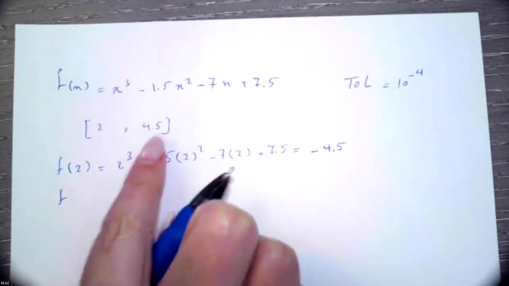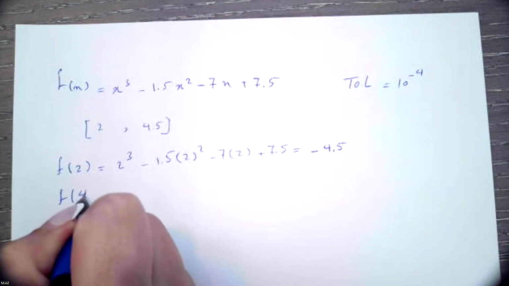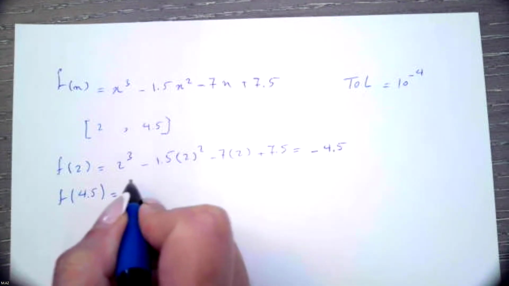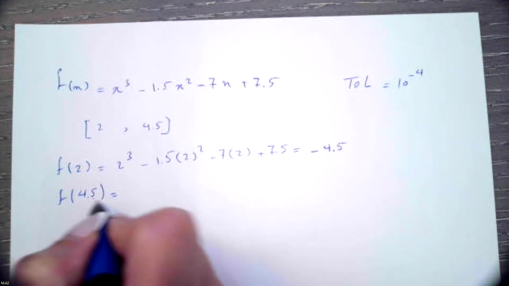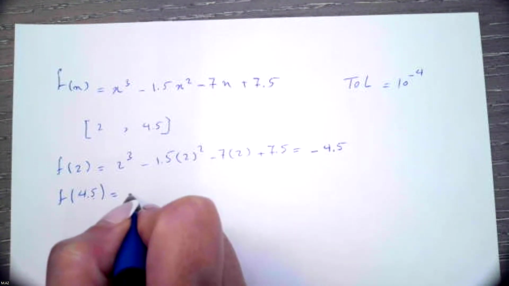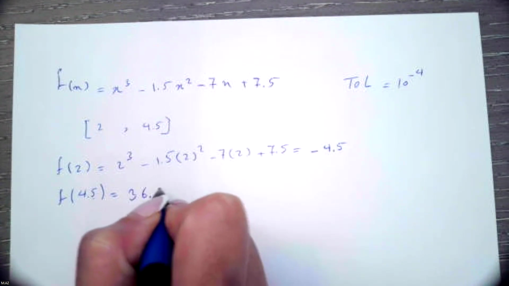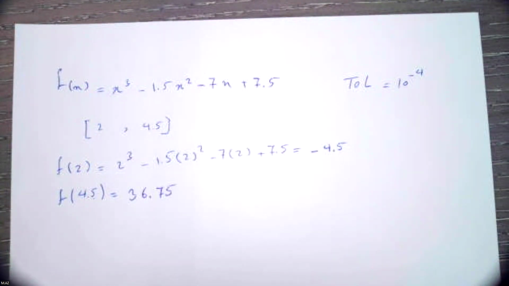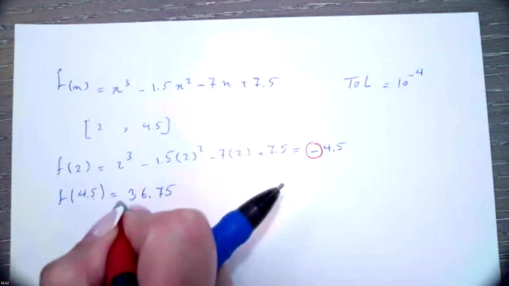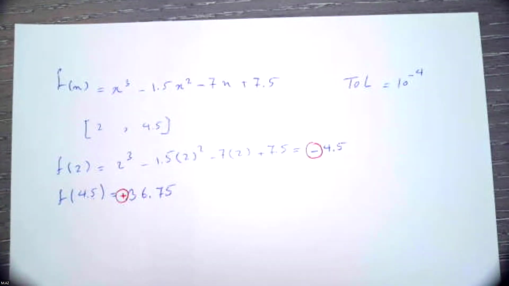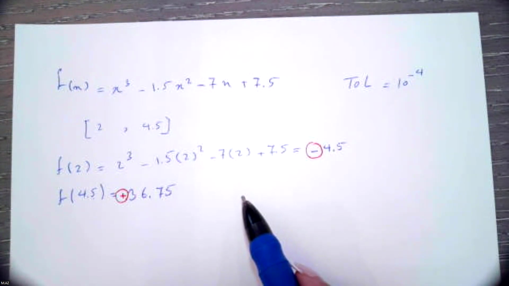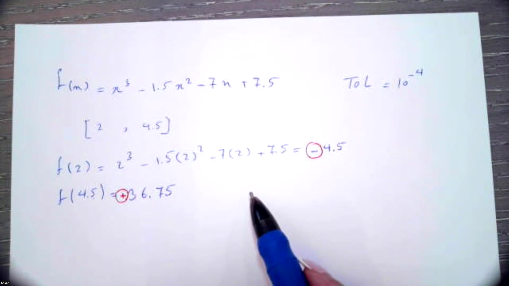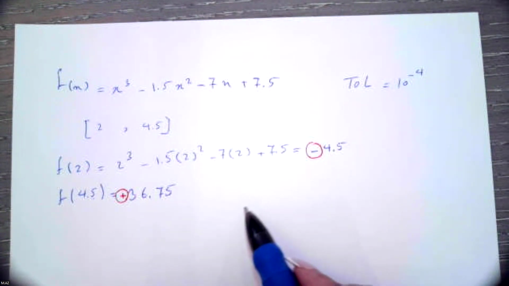Then we find the value of this function at 4.5. When we plug it into the function, the value at this point is 36.75. This is negative and this is positive. For this reason, we can say this interval contains a simple root of this function.